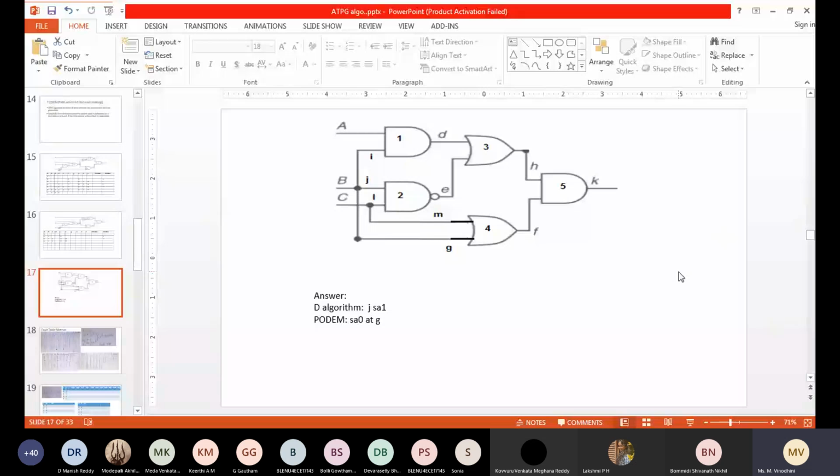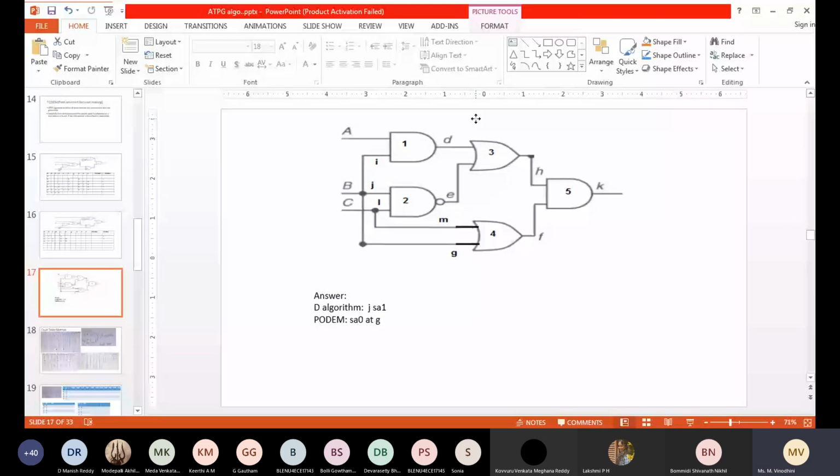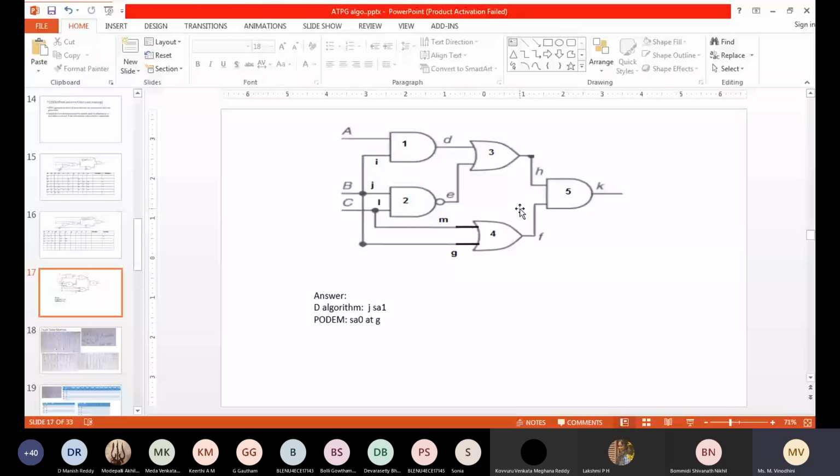Now a problem for you to solve. It's for practice. I'm telling you and nobody is doing it. I can understand you are busy with placements, but if you have time, or at least before the semester exam, these topics are definitely there for the INSEM, 100% sure. Take a screenshot of this and solve this circuit: for the D algorithm, J stuck at 1 fault, and for Podem, stuck at 0 fault at G. Where is G?